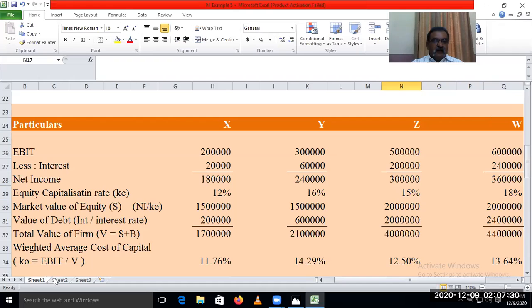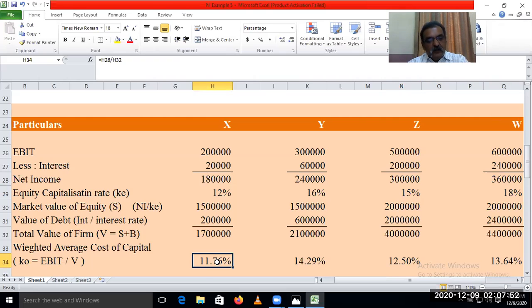Now here we have also calculated overall cost of capital or weighted average cost of capital, by the alternate way of calculating overall cost of capital. That is EBIT divided by value of firm. So EBIT 2 lakhs divided by 17 lakhs into 100 is equal to 11.6%.